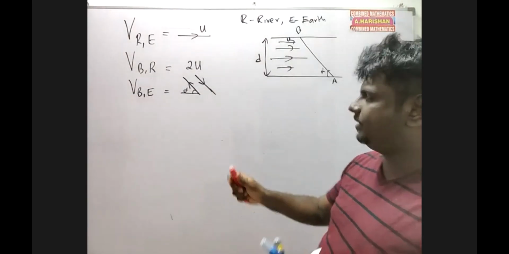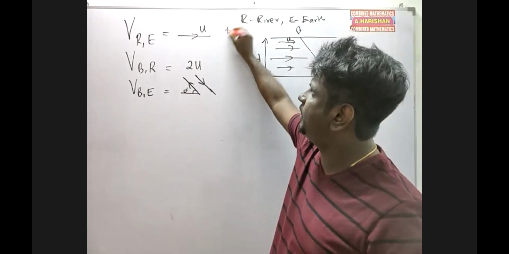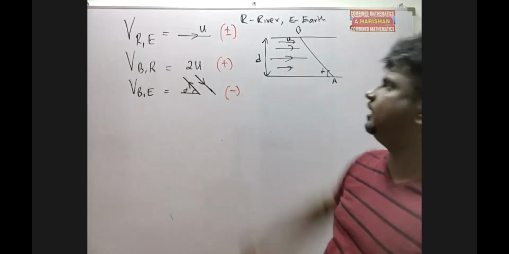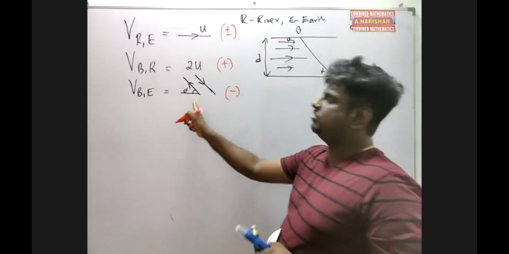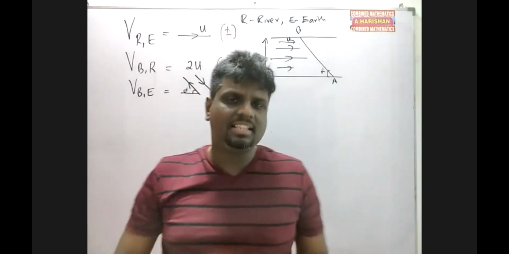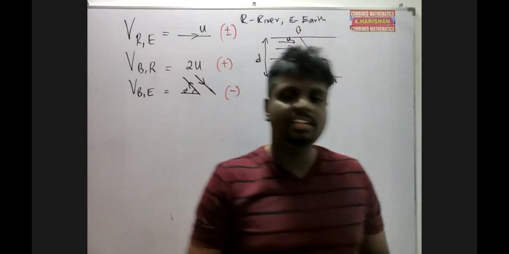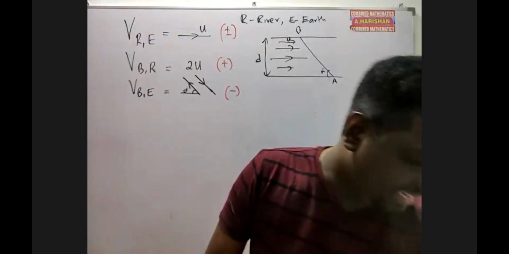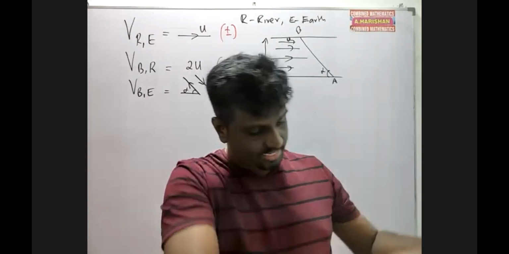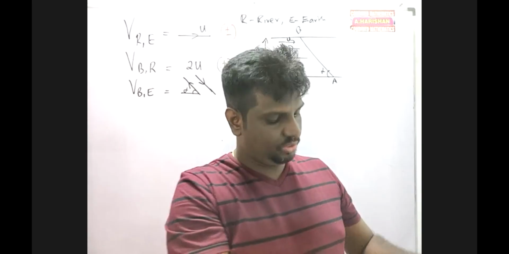I can mark here plus and minus, here plus only, here minus only. Only direction, there is no magnitude here. And I told you in the last class, in 99% of relative velocity questions, 99% of relative velocity questions.